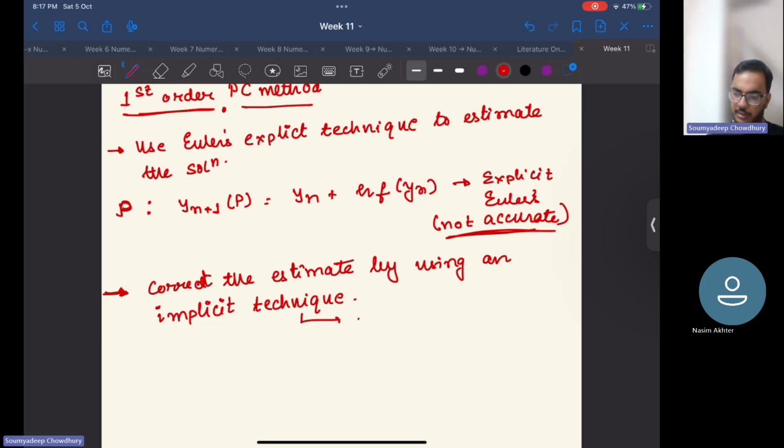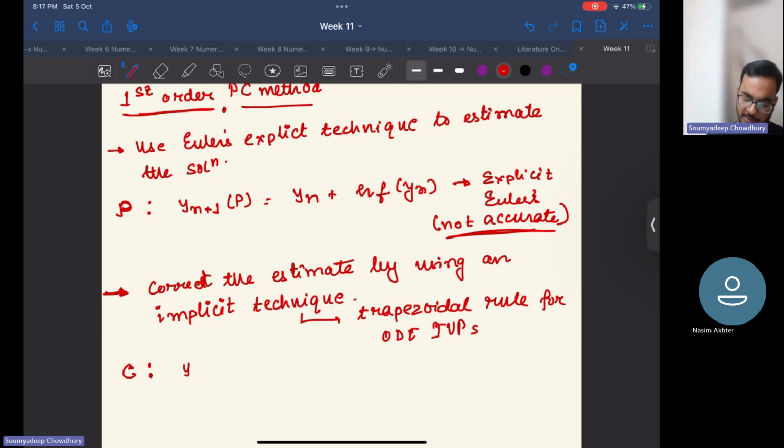So what implicit technique will we use? We can use the trapezoidal rule for the initial value problem. What is that? So this is my corrected step, right? And this is my final answer. y n plus 1 corrected is equal to y n plus h by 2 into f of y n plus f of y n plus 1 predicted.